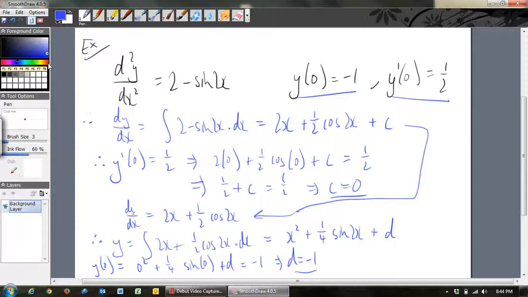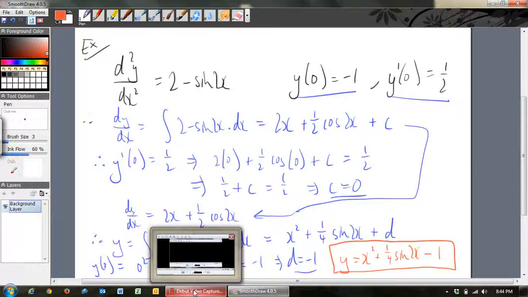Therefore, I'll do it in red. Our solution is y is equal to x squared plus 1/4 sine 2x plus d, with d equal to negative 1, so minus 1. That is your particular solution there. Okay, and that's how to solve those simple differential equations. They're simple ones. We're going to get to some more complicated ones in a bit.